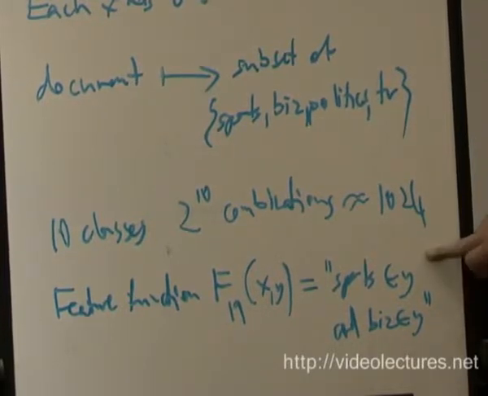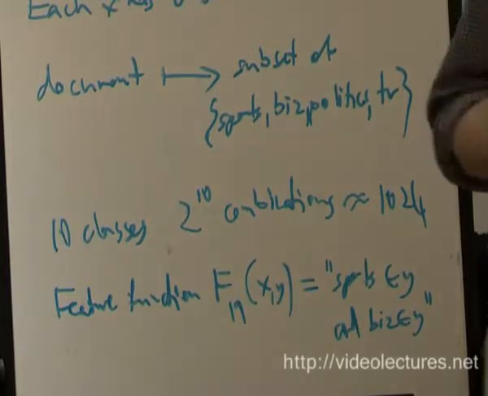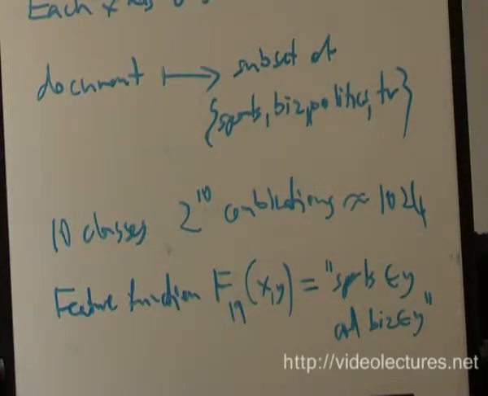But you can still learn a weight for it from your training data. If you learn a positive weight for this feature function, it's going to be saying that everything else being equal, sports and business go together. And if you learn a negative weight for it, it's going to say everything else being equal, if it's a sports document, then it's not also a business document, and vice versa.